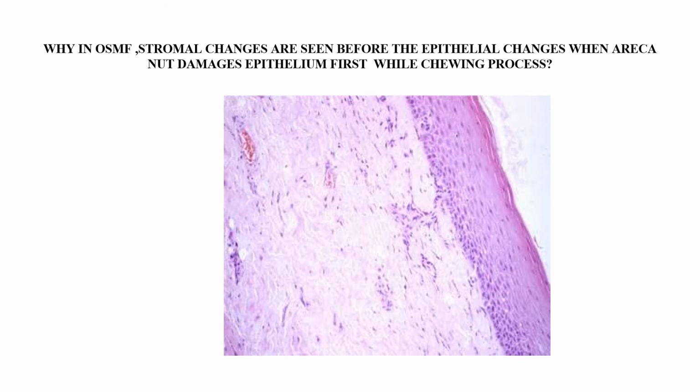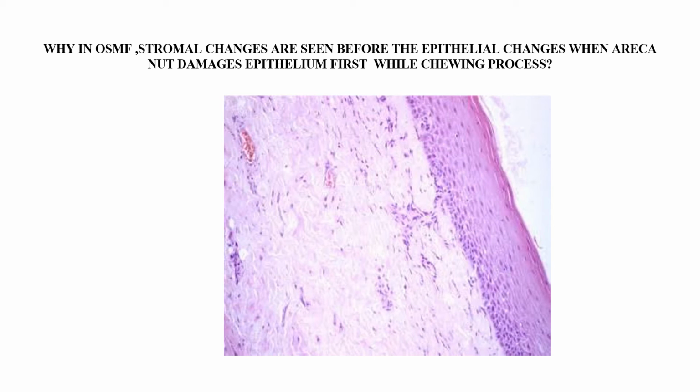Next question. When we talk about oral submucous fibrosis, which is a precancerous condition, it has both epithelial changes and connective tissue changes. It is caused by constant chewing of areca nut.